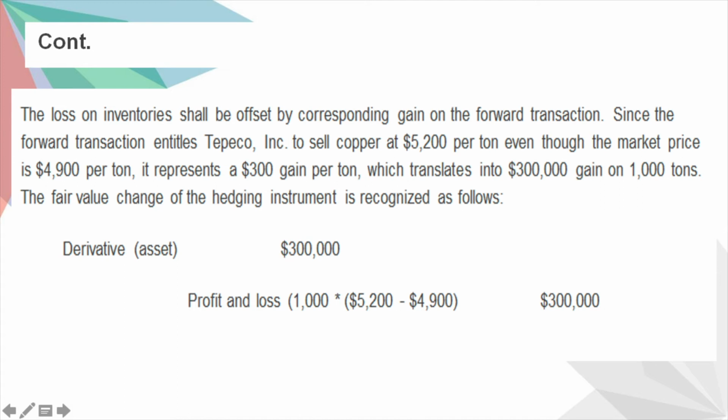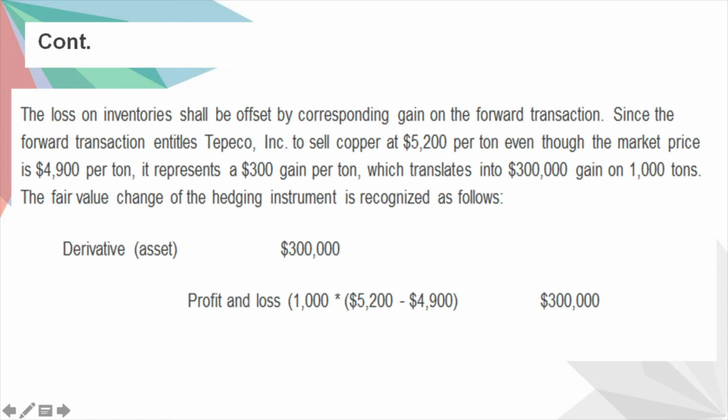So, continuing, the loss on inventory shall be offset by the corresponding gain on the forward transaction. Since the forward transaction entitled Tepeco Incorporated to sell copper at $5,200 per ton, even though the market price is $4,900 per ton, it represents a $300 gain per ton, which translates into a $300,000 gain on 1,000 tons.